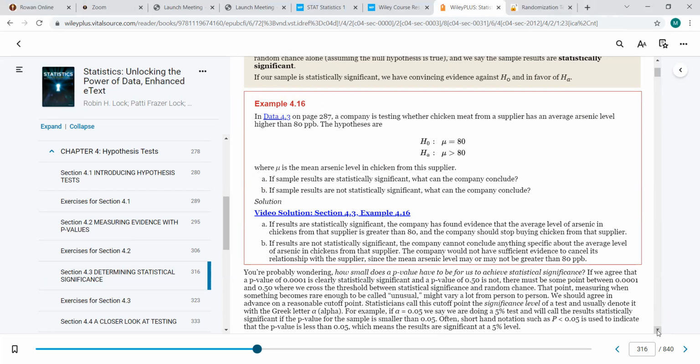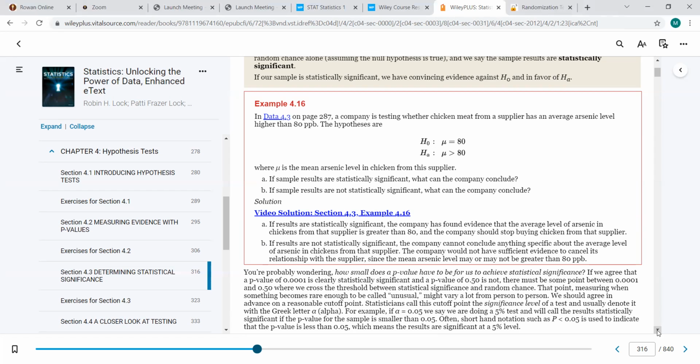Arsenic is measured in chicken by parts per billion, and when it gets above 80, it's considered dangerous. So this supermarket chain wants to test a sample of chickens, not all of them, measure their arsenic level, take the average for that sample, and see if it's significantly greater than 80.